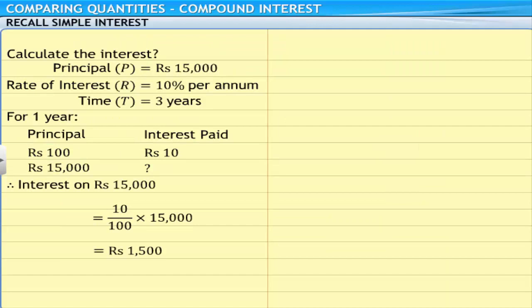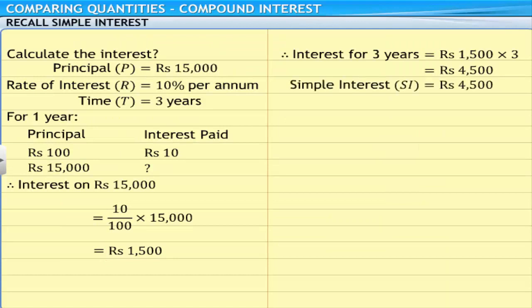Thus, the interest for 1 year will be rupees 1,500. Hence, the interest for 3 years will be 3 times rupees 1,500, which is rupees 4,500. So, the interest that the bank will pay after 3 years will be rupees 4,500. Right, Dad?